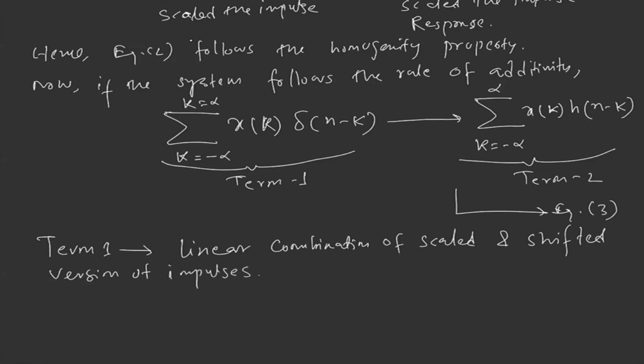This is very clear because this is the scaled term and this is the impulse, and it is a linear combination because this is really a summation of multiple terms. So we can say linear combination of scaled and shifted versions of impulses.